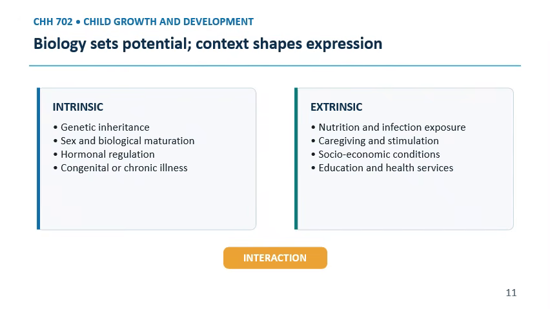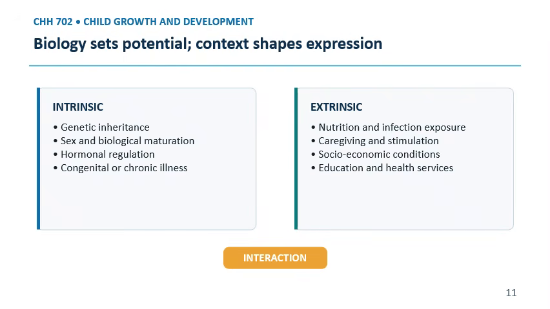We can group influences broadly as intrinsic and extrinsic factors. Intrinsic factors arise within the child and include genetic inheritance, biological sex, maturation, hormonal regulation, congenital conditions, and chronic illness.